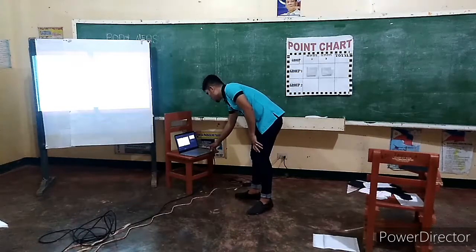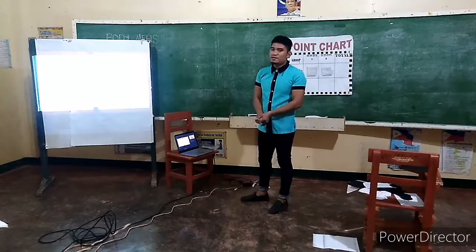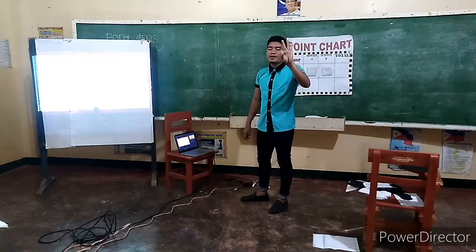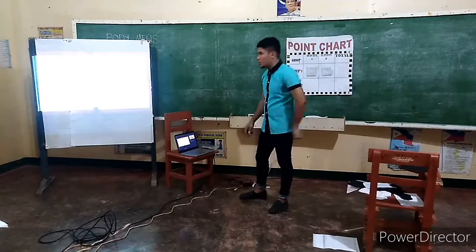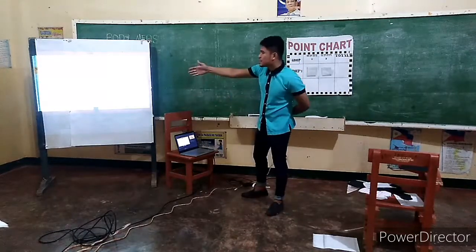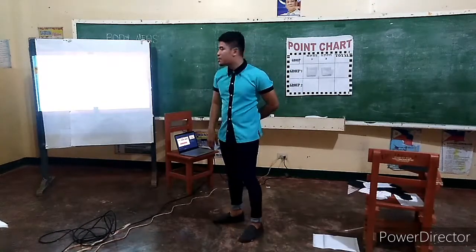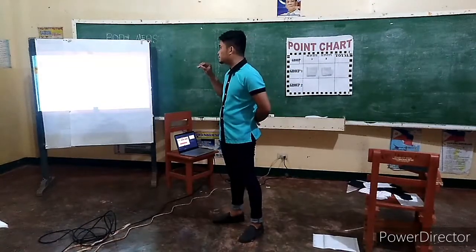So let's proceed with the line. As I have said, line also has three examples. First we have vertical, second we have horizontal, third we have diagonal.